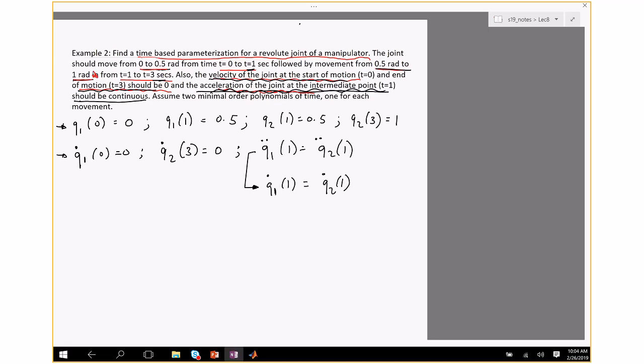If you have 4 for Q1, then you're looking at a third order polynomial, which has 4 constants, and then Q2 should also have 4.